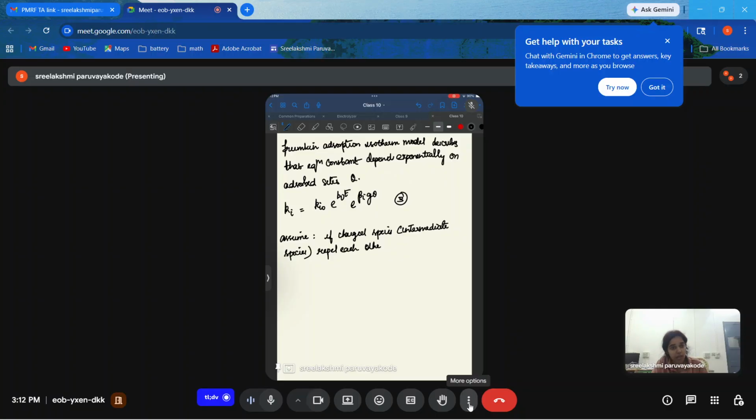Otherwise, if they don't repel, it is a negative value.